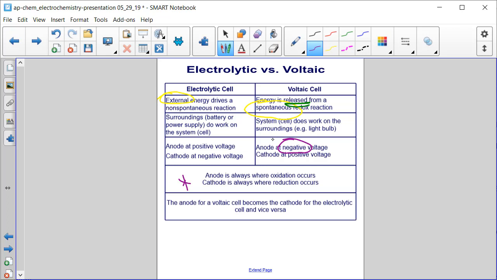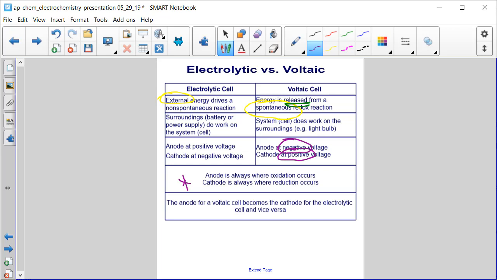Those ideas go together. By definition and convention, the cathode is where reduction occurs. Remember, Red Cat. In a spontaneous reaction, that would be a positive voltage, right? Cathode rays are positive. Cations are positive in these spontaneous processes.